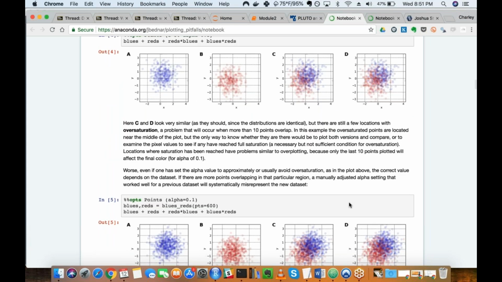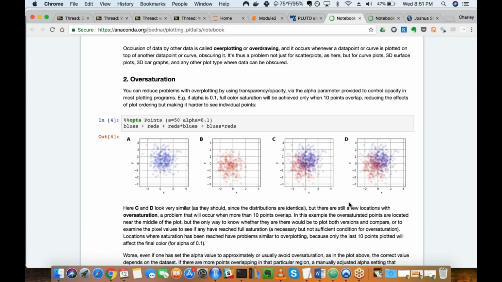And there are ways of getting around that. You could change the transparency, and you end up getting a bit truer to what's actually going on.